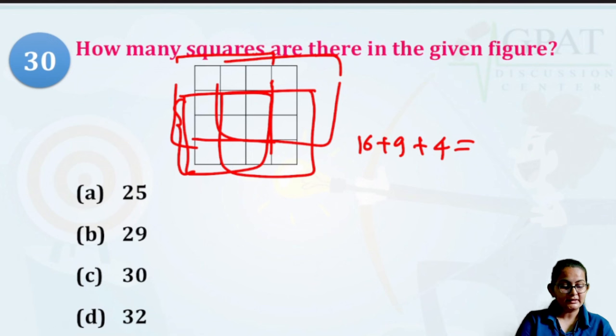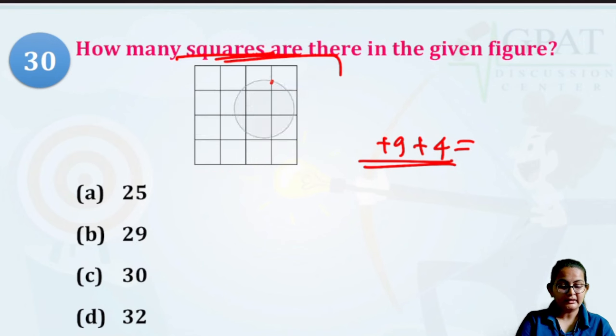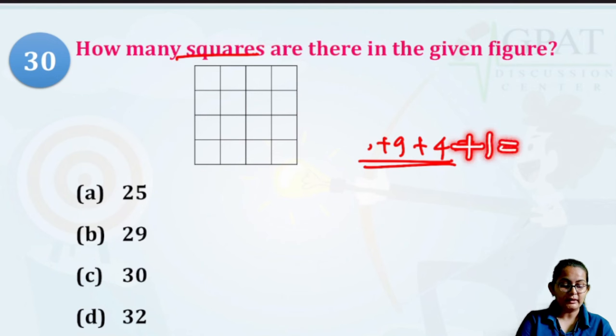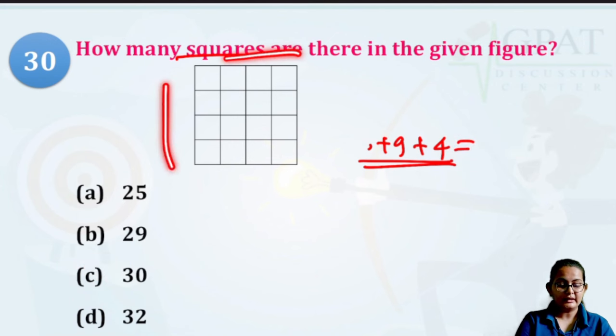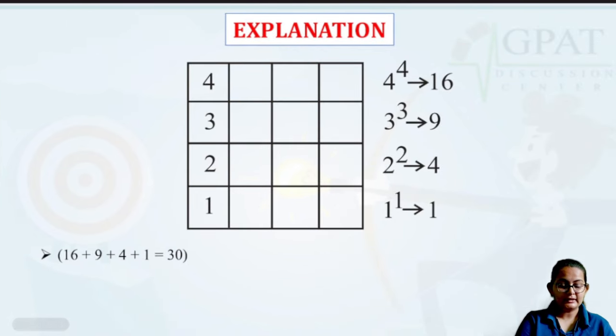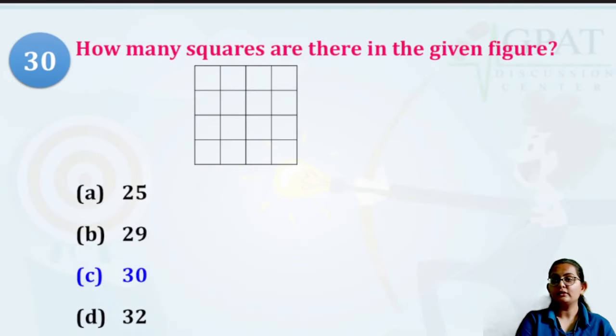Yes, I have considered here it is coming 29, but for the larger square, we have just considered the inside squares. The larger square which is given in the question itself, that is this particular whole square, is not considered. Considering that also we get 1, that is total 30 is the answer. Okay, this larger one also has to be considered. Total 30 is the answer and you can find it out easily.